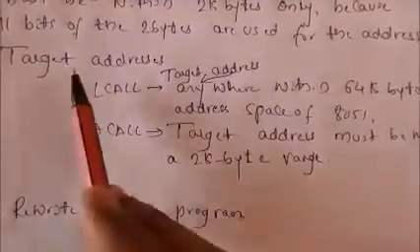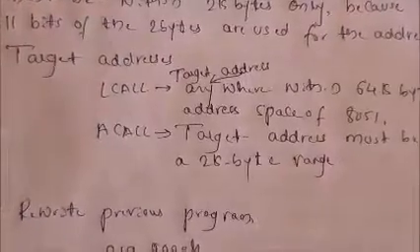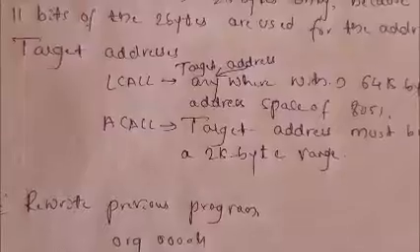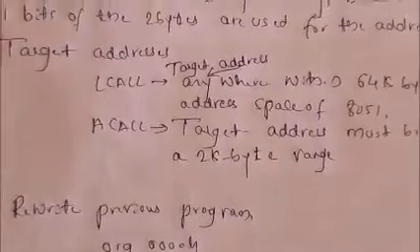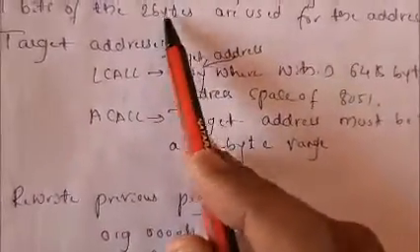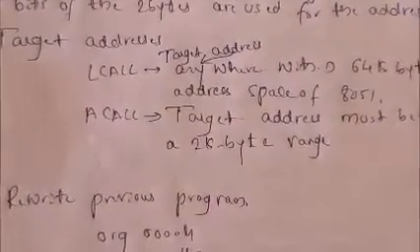But here, using only 11 bits we can access the target address. If you use the LCall, 5 bits are unnecessarily wasted. But with a small ROM, the 11 bits of address are sufficient to access the target address.